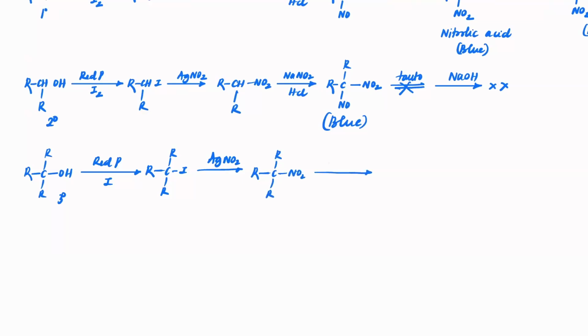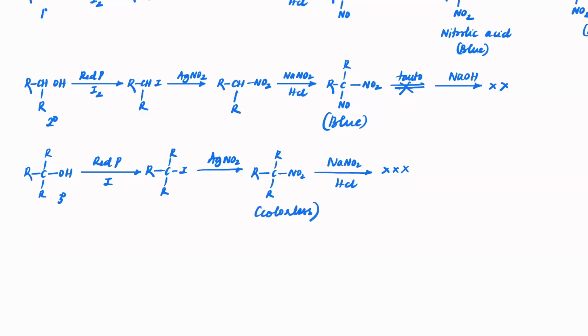But here onwards is the problem. When you react with NaNO2 and HCl, it is impossible to make any connection with this carbon. So furthermore, there is no reaction and this nitro is colorless. So this will remain colorless.